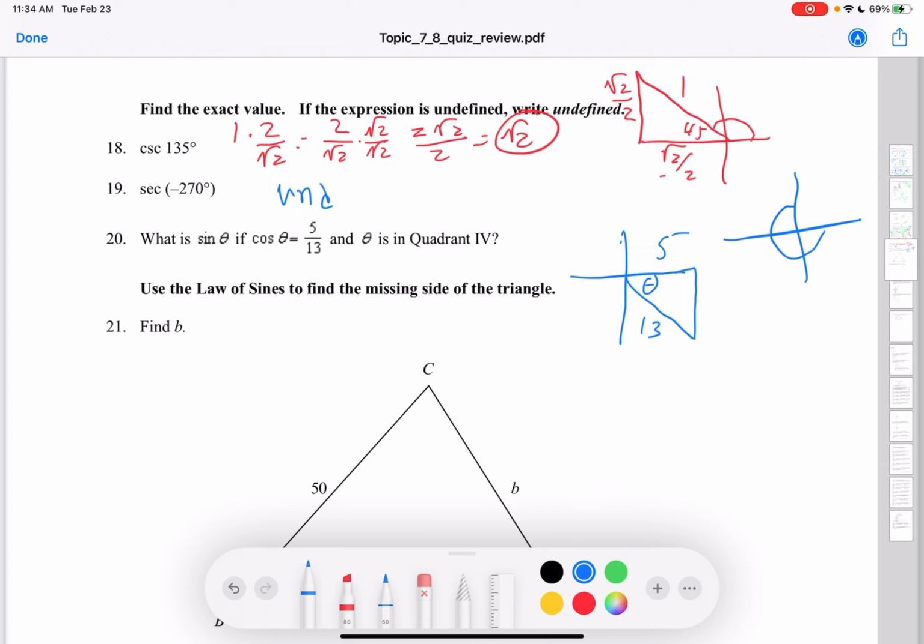Using the Pythagorean theorem, you would find out that this is 12. In fact, because it goes down, it's negative 12. It wants the sine, so the sine is equal to negative 12/13.